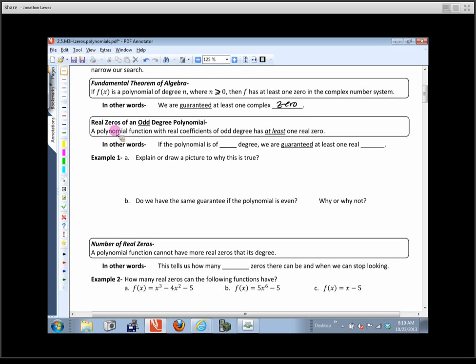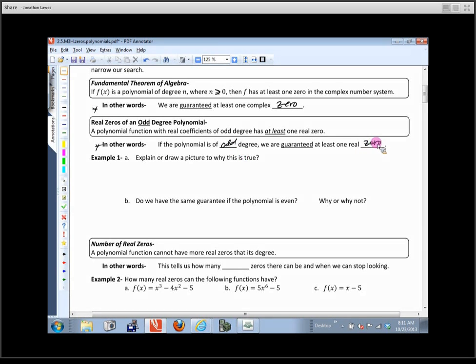Okay, this one says if it's odd degree. So if we're dealing with a polynomial with odd degree, and this says it also has to have real coefficients, which we're going to have real coefficients on all the polynomials that we're working with, it says it has to have at least one real zero. Okay? So in other words, you can focus on these guys right here. If the polynomial is of odd degree, then we are guaranteed at least one real zero.